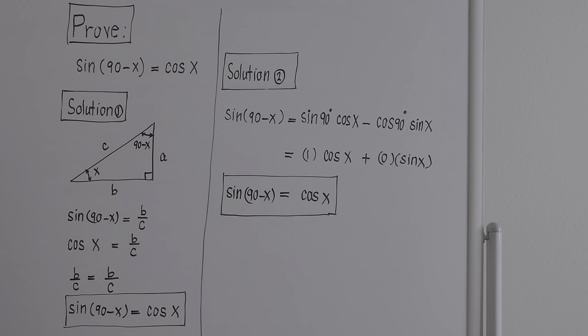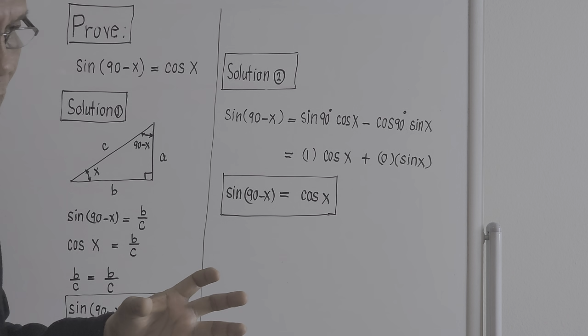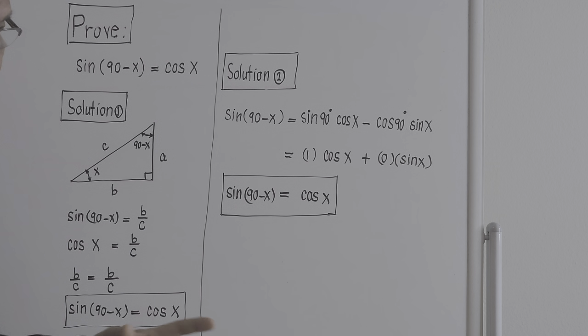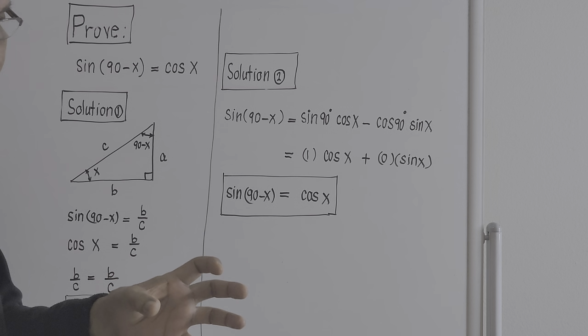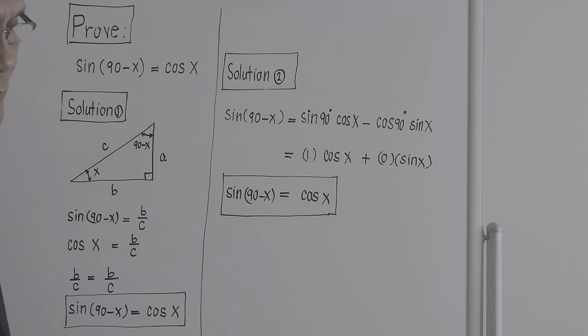The title of the topic for this morning is with regard to trigonometry. It's a proving problem. We are given an identity, and the problem is asking us to prove that the given identity is valid.